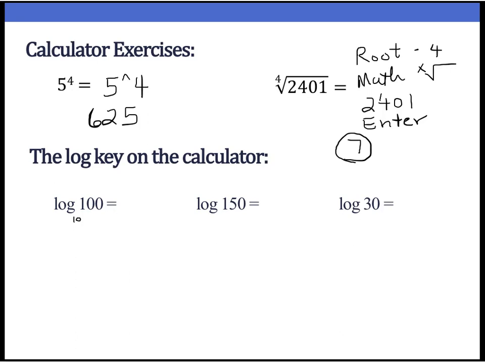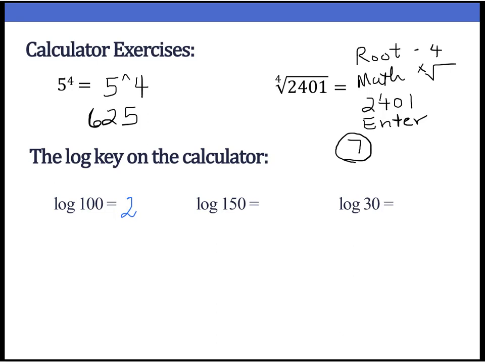But I want you to look at not writing that 10 in and realizing that you are looking at a base 10. If we think logically about it, the exponent that takes a 10 to a 100 is 2. But I want you to enter this into your calculator, write log 100, and when you press enter, you should get 2.